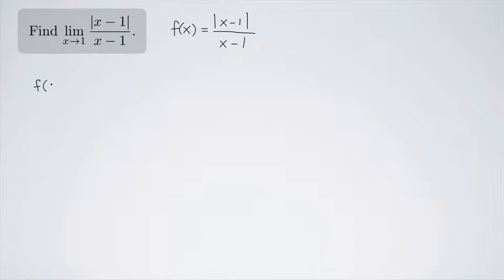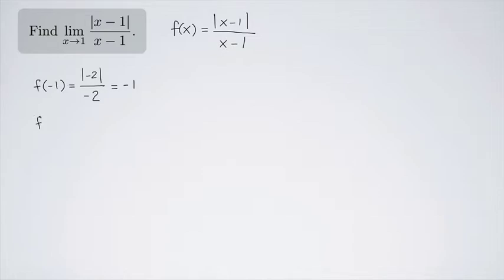How about f of negative 1, when x is negative 1, what do we have? Well, then we have the absolute value of negative 1 minus 1, that's the absolute value of negative 2, divided by negative 1 minus 1, that's negative 2, and that's going to be 2 over negative 2, it's going to be negative 1.